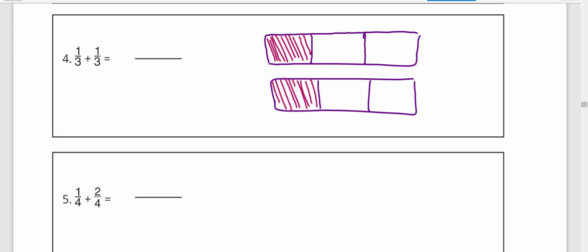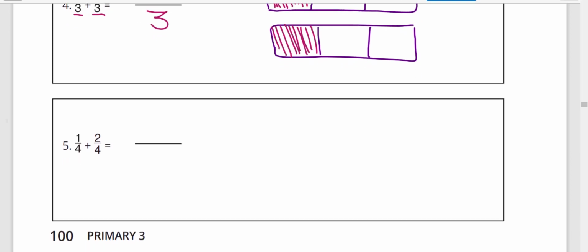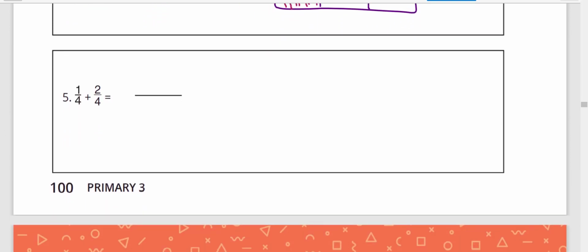And add the two fractions. Write 3, the same number in the denominator, and add the two numbers in the numerator. 1 plus 1 equals 2. The two shaded parts in the two models.